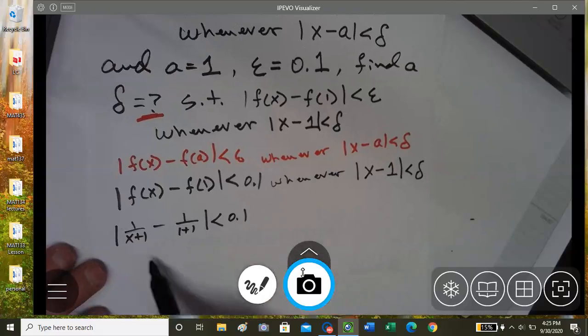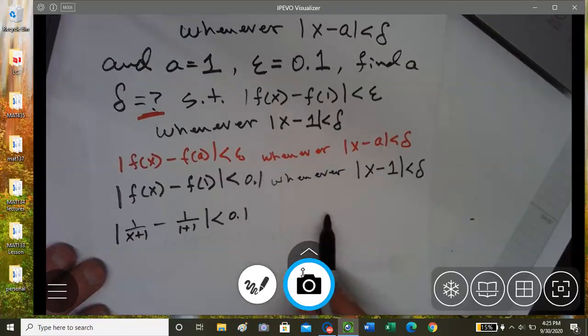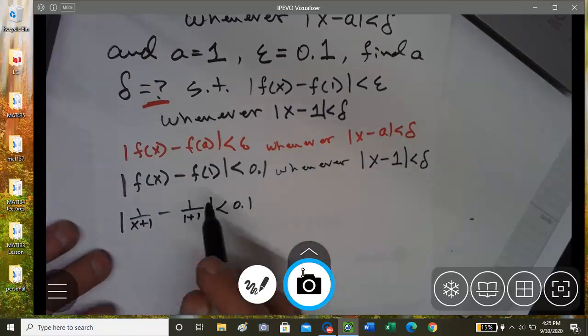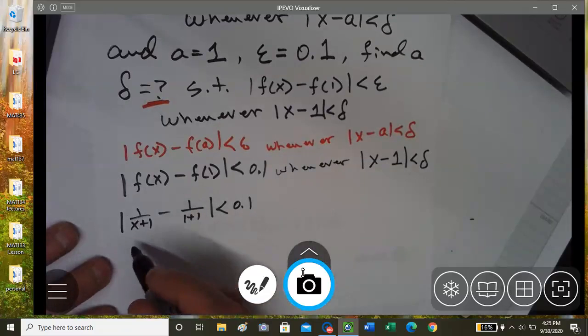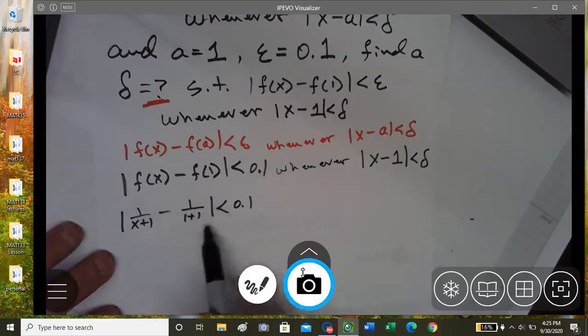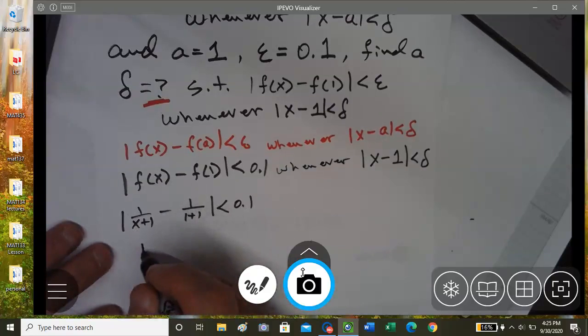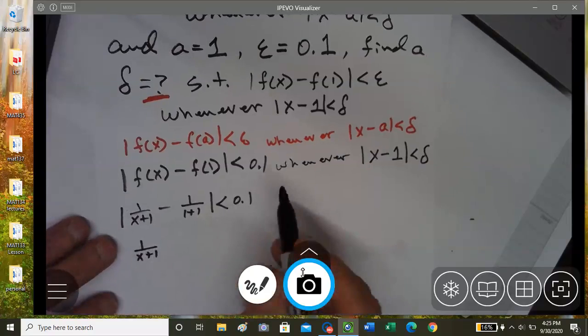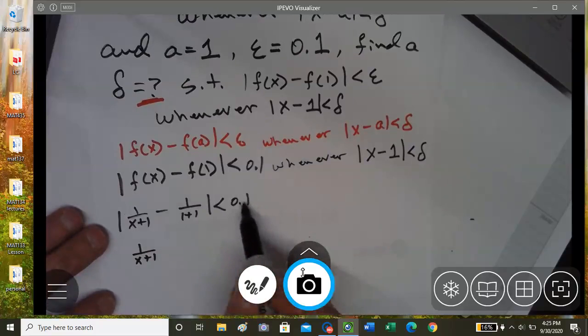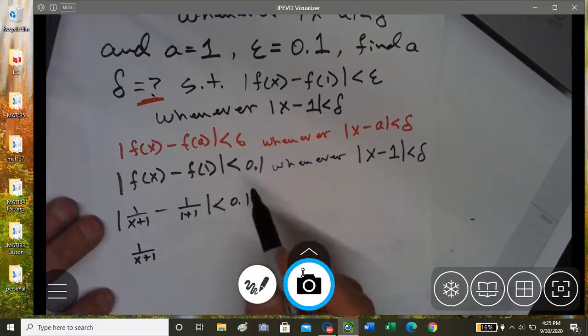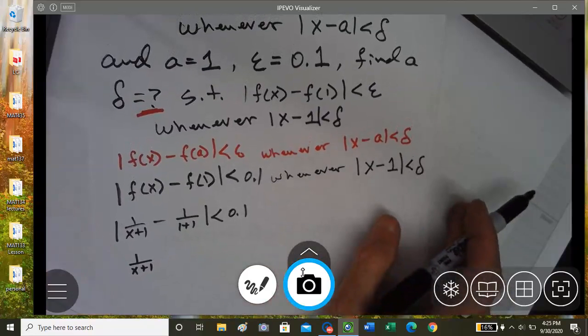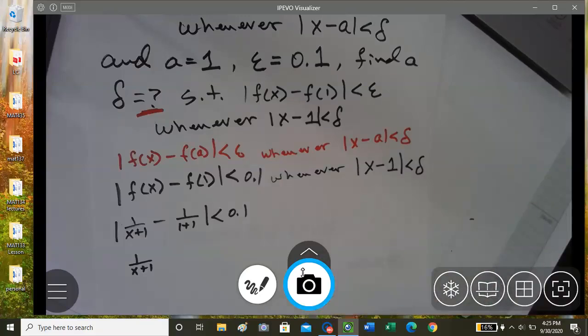So from here we're going to start with finding positive 0.1, then we're going to look for negative 0.1. So we're going to get 1 over x plus 1. Since we're trying to find 0.1 and negative 0.1, we can go ahead and do away with the absolute value signs, like what we did on the board.